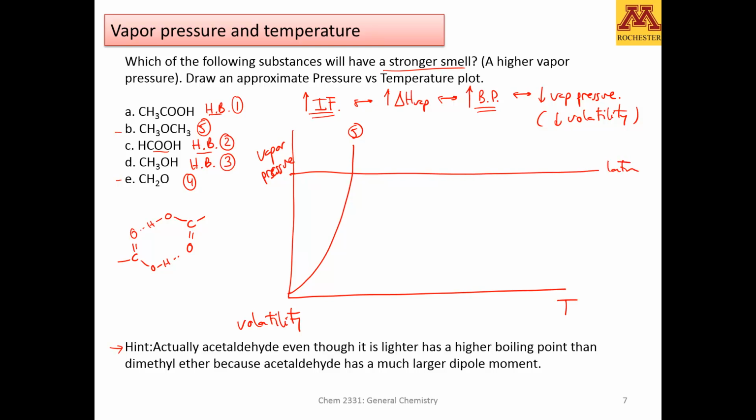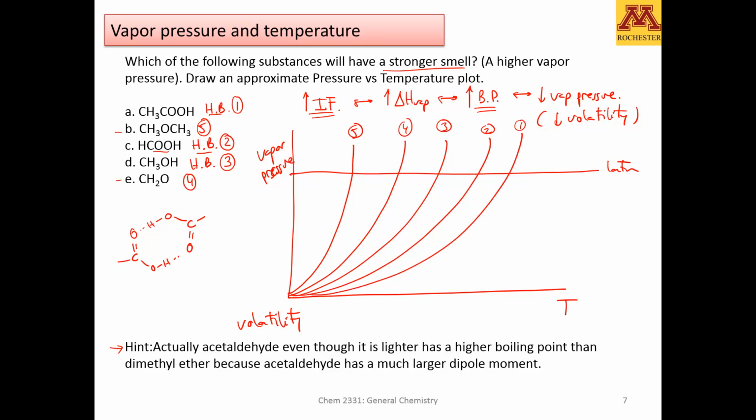In other words, that's when the liquid boils. Then you'll have here number 4, and there you've got the trend. Number 3, number 2, and number 1. Okay, the least volatile will be the one with the highest boiling point. It'll take more energy to vaporize.